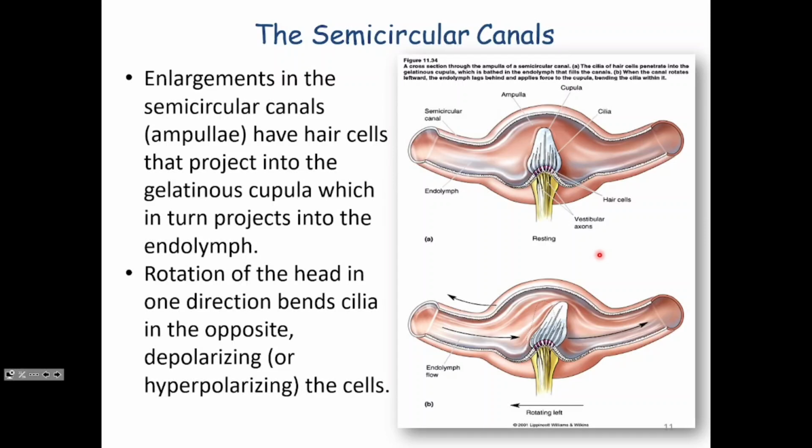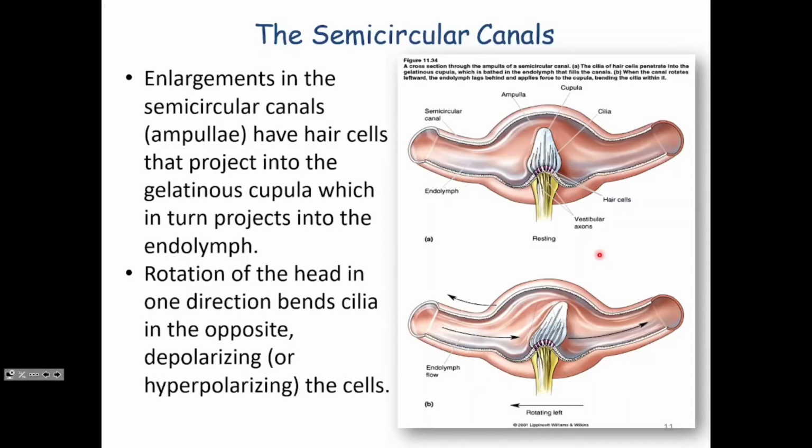So imagine you are moving your head towards the right. Okay, now we are talking about only the lateral semicircular canal. So I'm going to move my head towards the right. The endolymph in my right horizontal semicircular canal would have inertia.